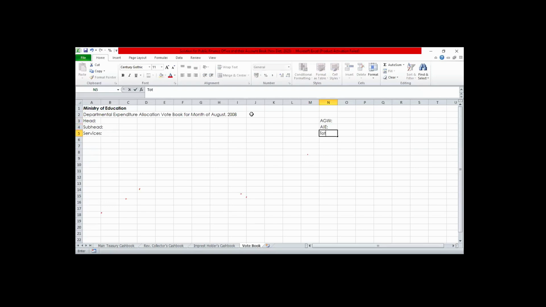We have total. We now have others. I'll put it here: Departmental, Root, Group.